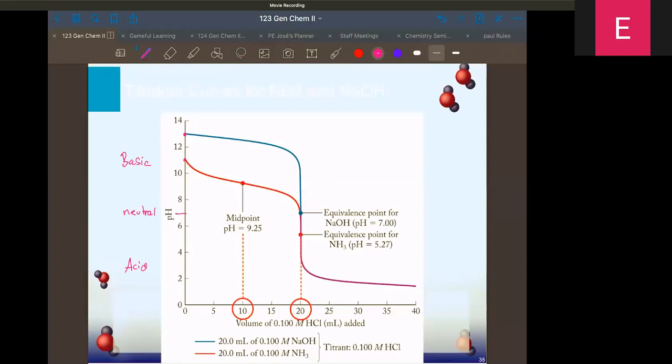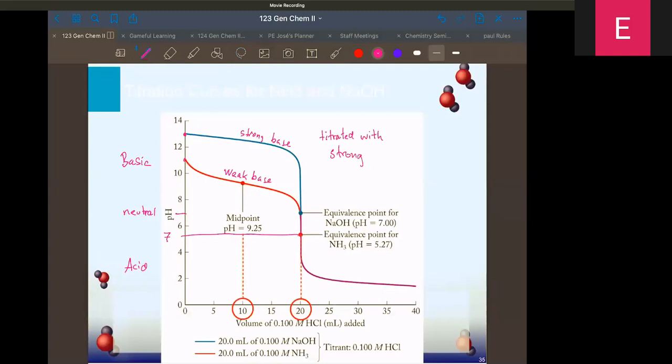So these are bases. This one is a weak base, and this one is a strong base. And the equivalence point here is 7, which means a strong base is reacting with a strong acid, so it's titrated with a strong acid.